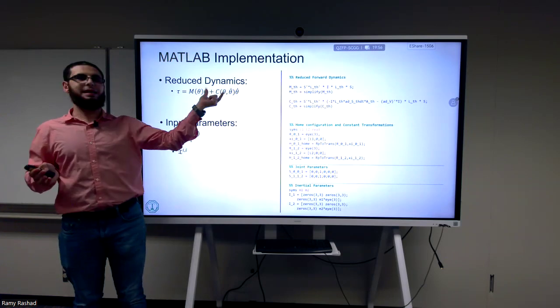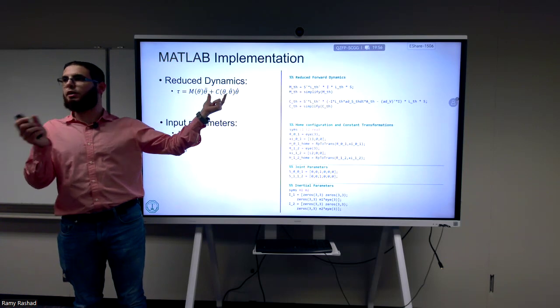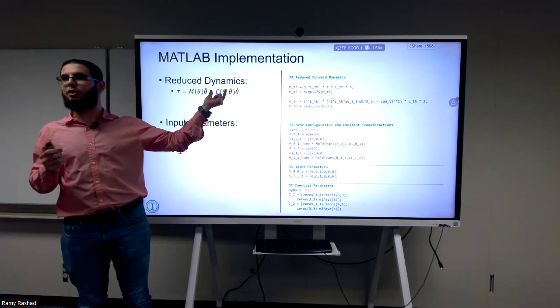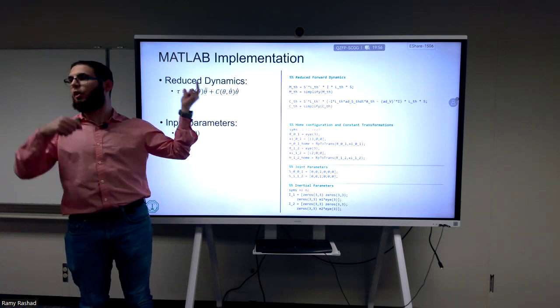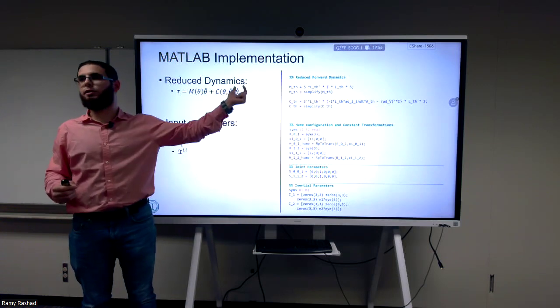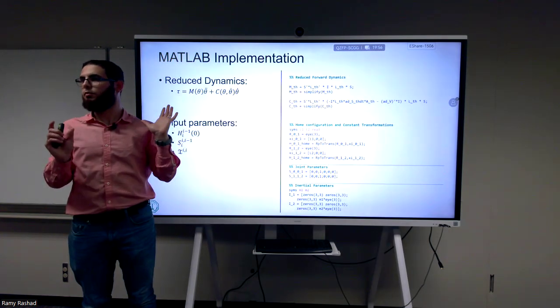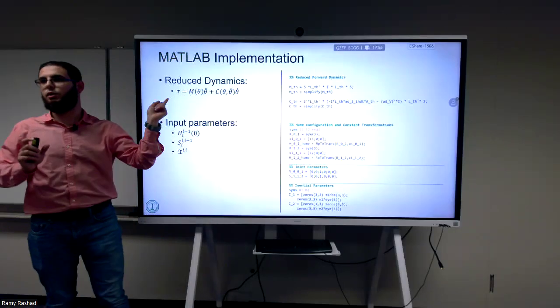But capturing the C out like this as a matrix and comparing the C matrices to each other is not unique. I can write the C in a different way from another person. But in the end, when I multiply by theta 1 dot, theta 2 dot, up to theta n dot, we get the same result. This matrix is not unique, but the combination of both is unique.